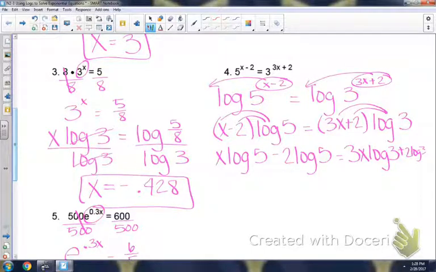Alright, so if we have 2 different variables, we want to move the x's all to one side, and then move everything else to the other side. So notice I have an x here, and I have an x on the other side. So I want those two to be on the same side, everything else on the other side. So I'm going to add 2 log of 5. And I'm going to subtract 3x log of 3.